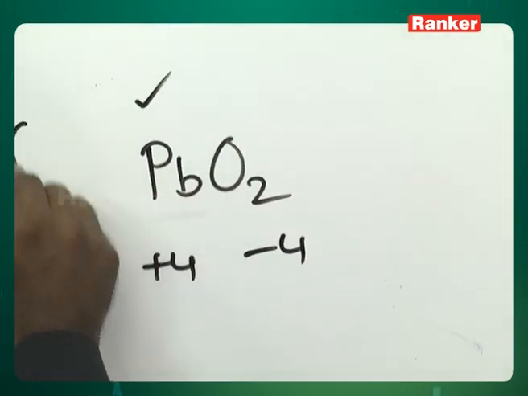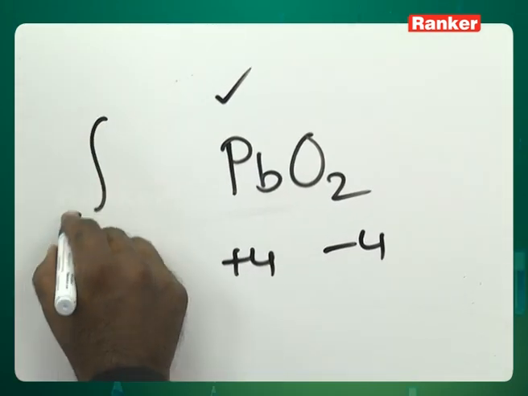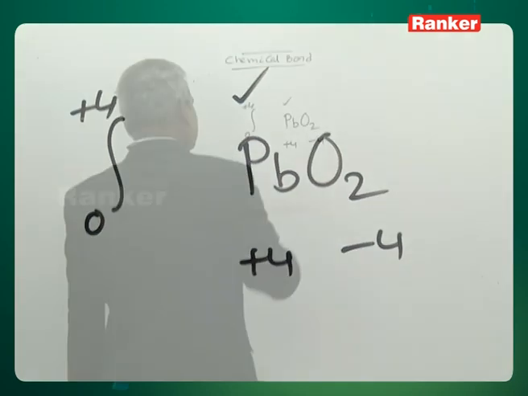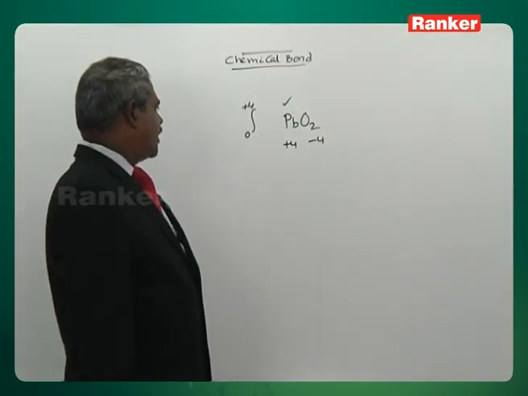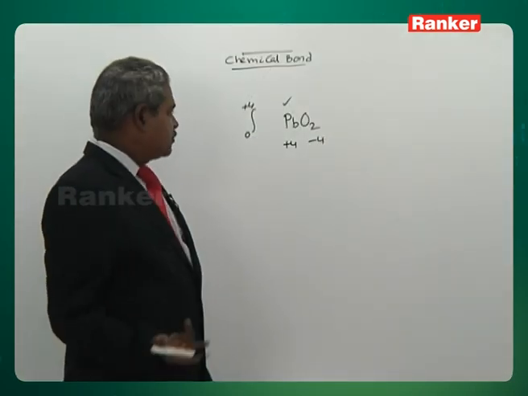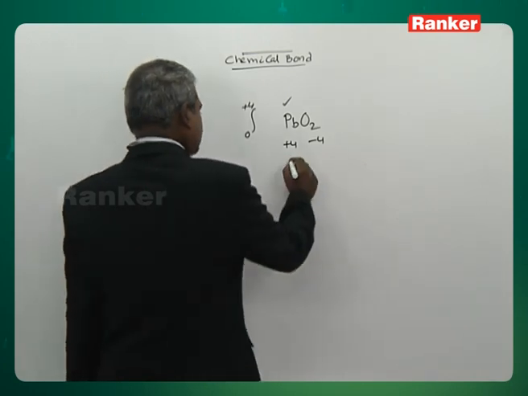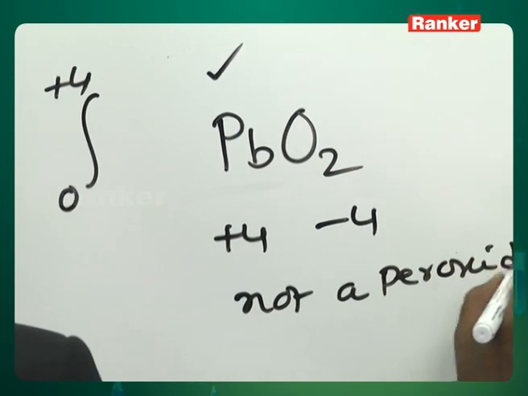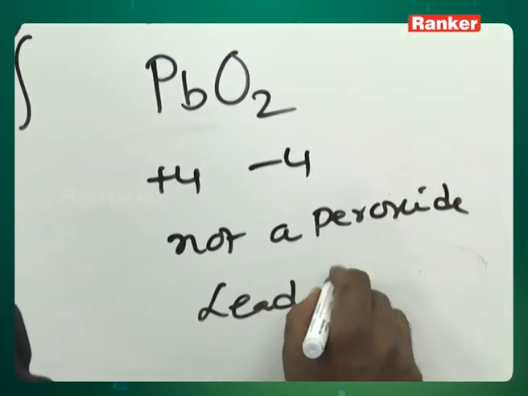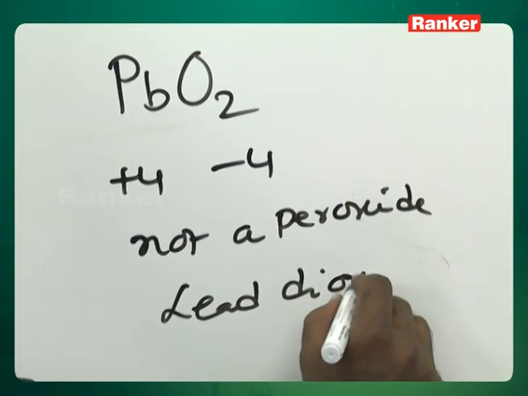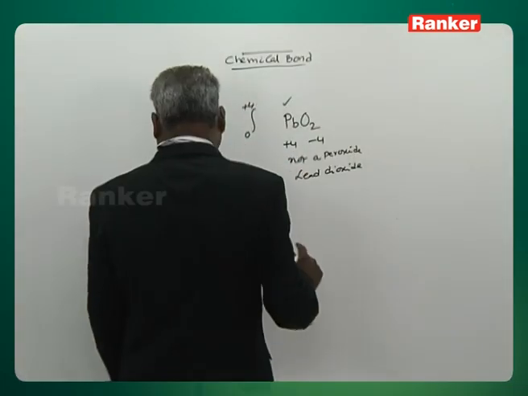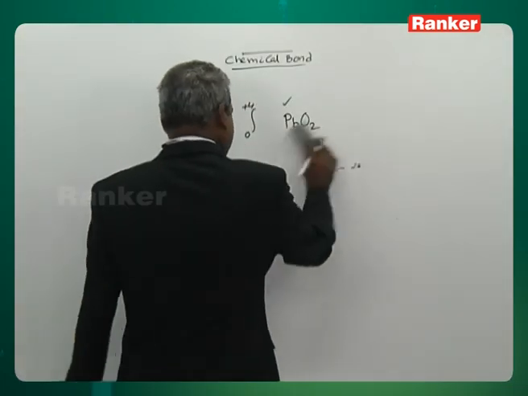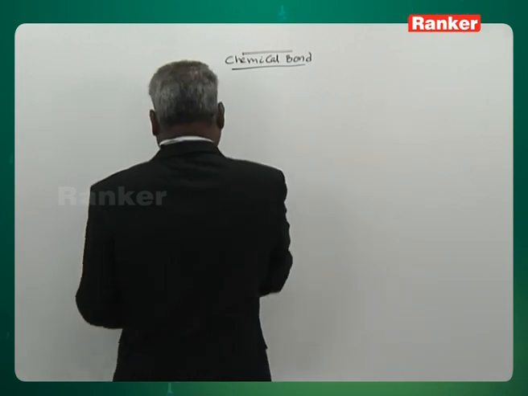Okay, because lead belongs to the fourth group. Lead being a metal, 0 to +4 is okay for lead. Therefore, once again, not a peroxide. So, what will be the name? Lead dioxide. Like carbon dioxide, lead dioxide, silicon dioxide, germanium dioxide.